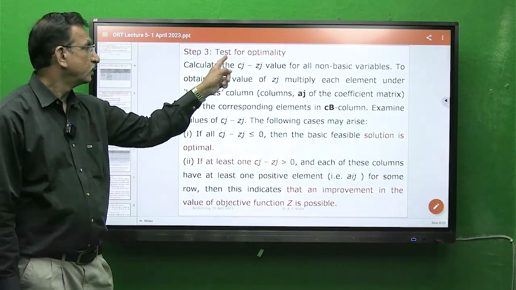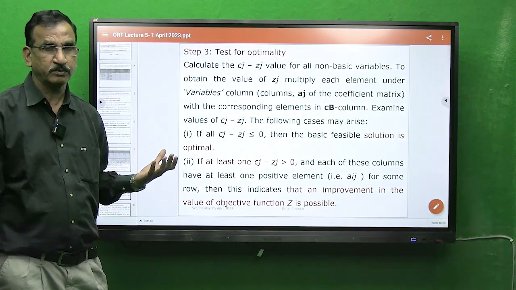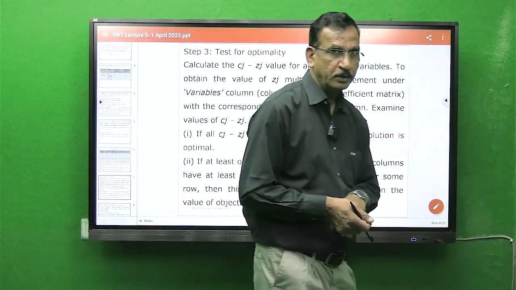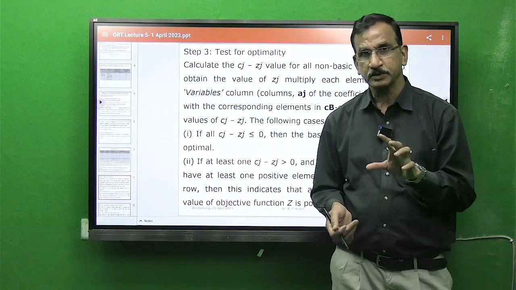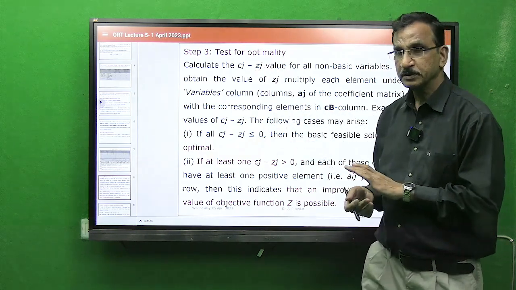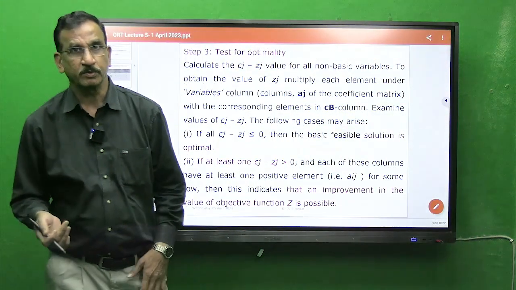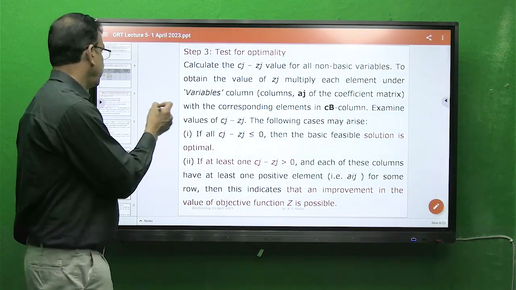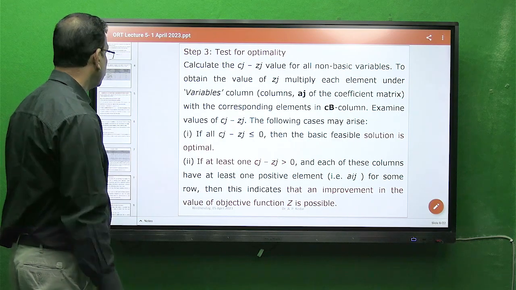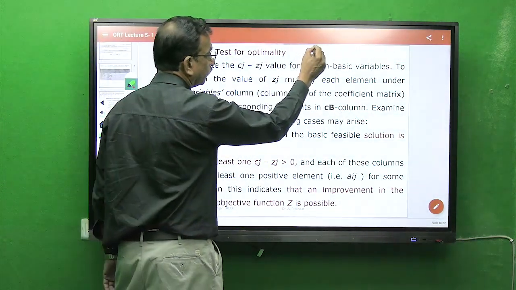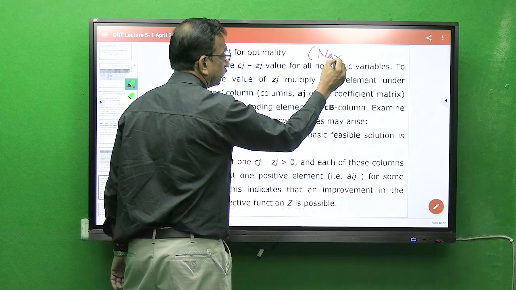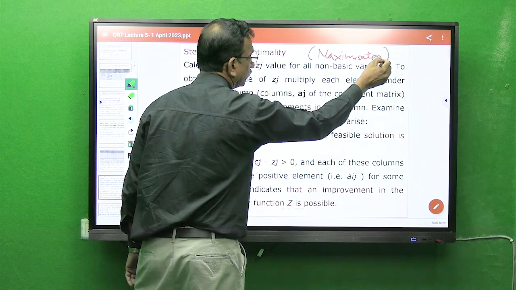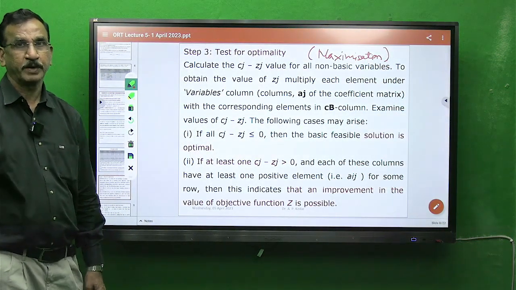Now, the test for optimality. What I have just now said, we will discuss. Our focus, our intention will now be on the Cj minus Zj row values. What does the condition say? Again I am writing for the objective function maximization.